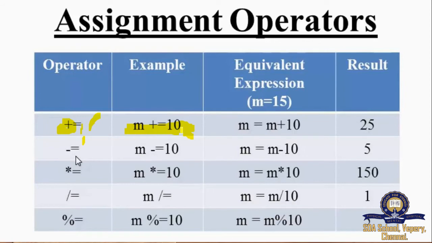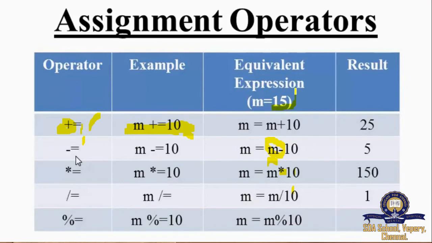You are going to add the value 10 with the value of m. That is what it is telling you. The same way you will be writing for all the operators: minus, asterisk, slash, modulus. So this is how your value will be executed.